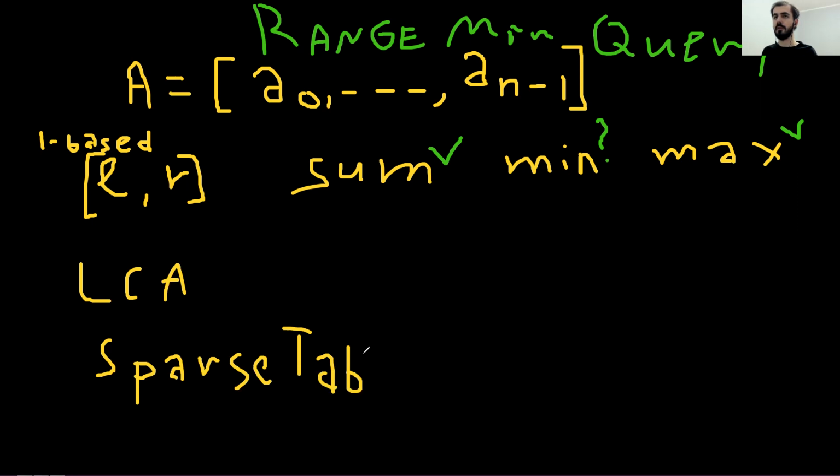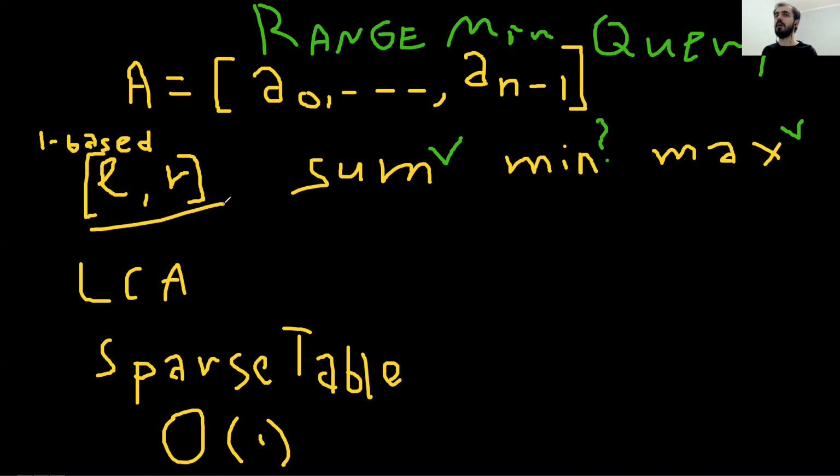So a sparse table will answer range minimum queries in constant time, pretty much like prefix sums answered range sum queries, right? But before we delve into some advanced data structures, let's actually understand why finding the minimum in a brute force way is bad.